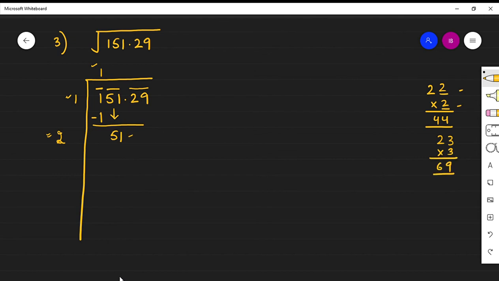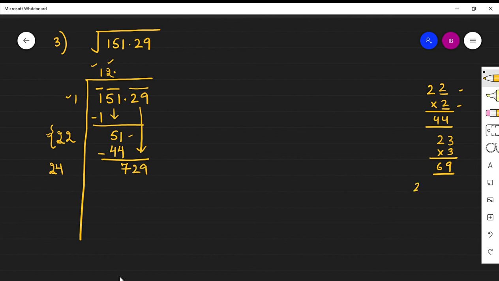So we will do it with 2, 22 into 2, 44. 51 minus 44, 7. What will come here? 22 plus this 2, it will be 24. We have reached the decimal part. So put the decimal place here and copy the next two digits under the next bar, 729.